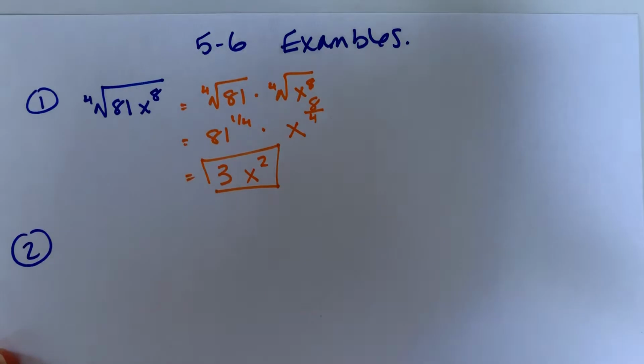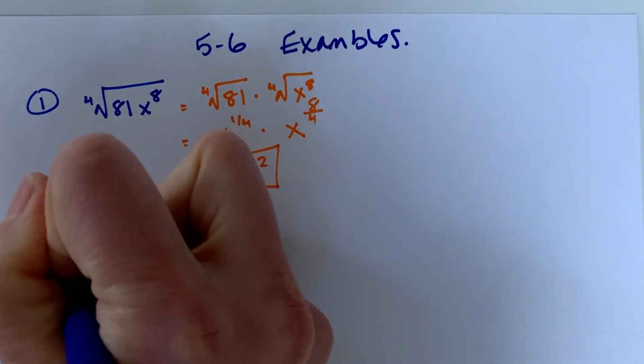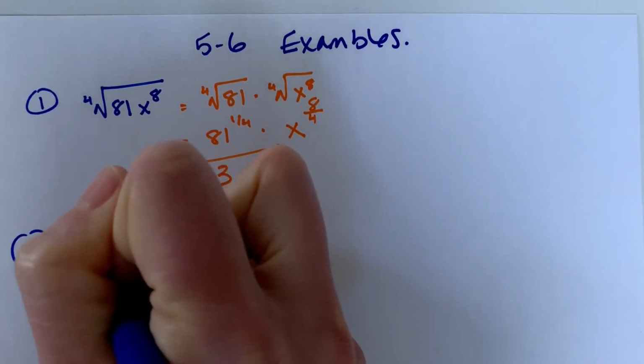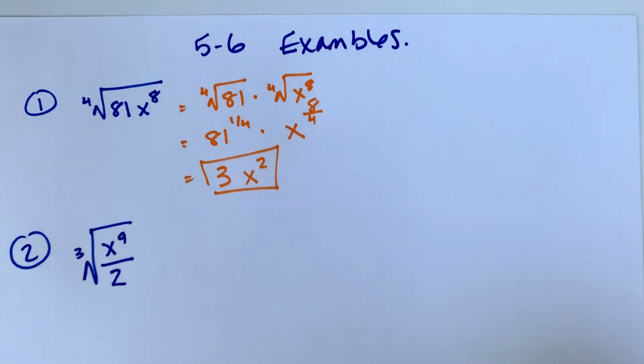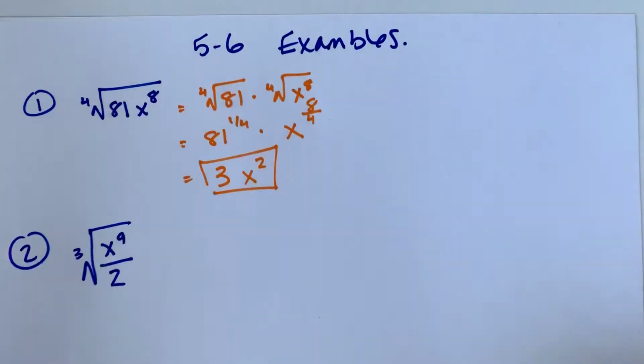Second example here they gave you was a divide example. So they gave you cube root of x to the 9 over 2. Okay, so I'm going to again use my rules, my divide rules. I'm going to split it up into 2.